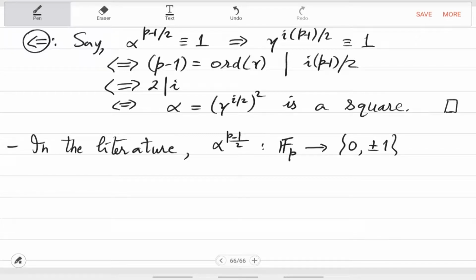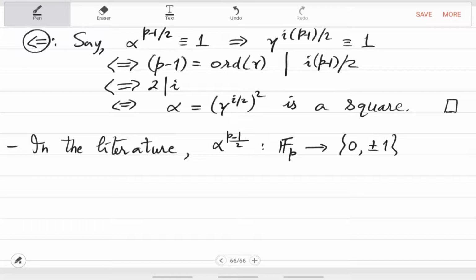It takes only 3 values, and it has the nice property that it is multiplicative. This function for alpha, for beta, and for alpha beta are related by multiplication.